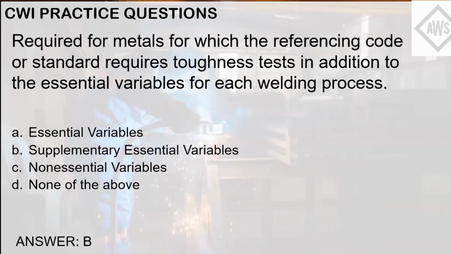These are the base metal thickness, the heat input, the current polarity, even the size of the filler metal or the electrode, which will be an essential variable for some welding processes if toughness tests are required. Meaning if impact tests or toughness tests are required, automatically these supplementary variables will become essential. So you have to address that in the WPS.